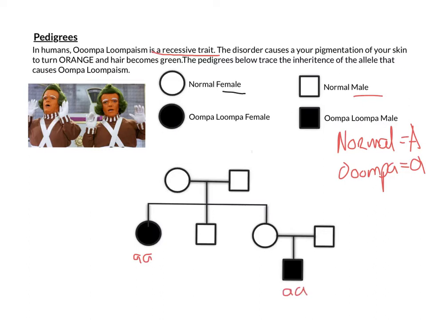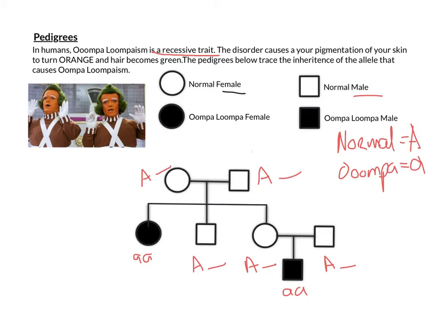If you don't have a shaded-in circle or square, you know that at least one of those has to be a dominant gene. The trick is to figure out what the missing gene could possibly be.